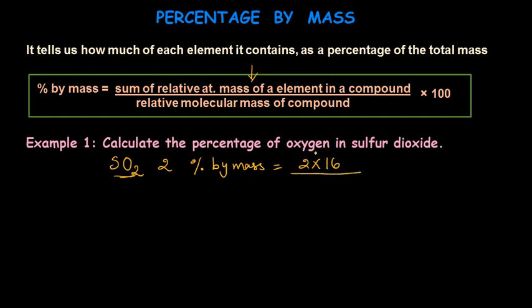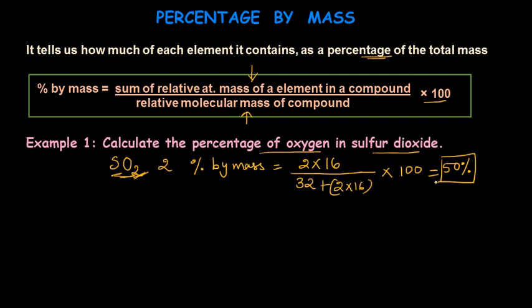Now it says divide by the relative molecular mass of the compound, where we have sulfur, whose atomic mass is 32, plus 2 oxygen, so again 2 multiplied by 16. The formula says multiply by 100, for which we get the answer 50%. So the percentage by mass of oxygen in sulfur dioxide is 50%.